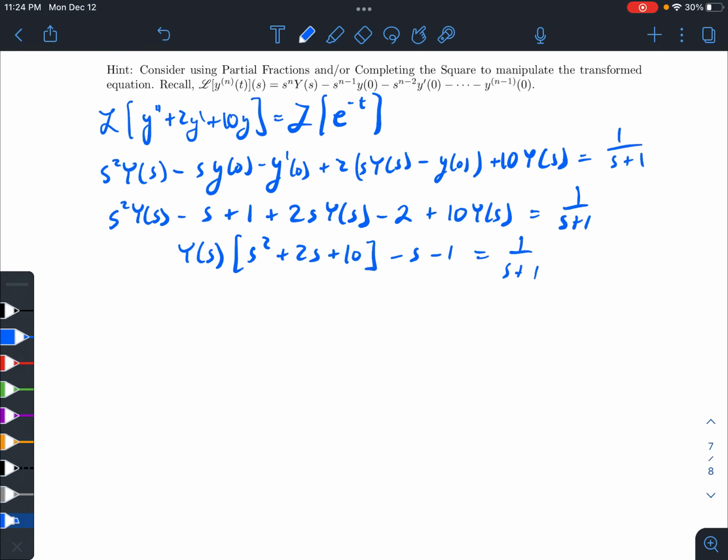So I'm just doing some algebraic cleanup here. So we get 1 over s plus 1 plus s plus 1. And then I'm going to divide all of this by 1 over s squared plus 2s plus 10.